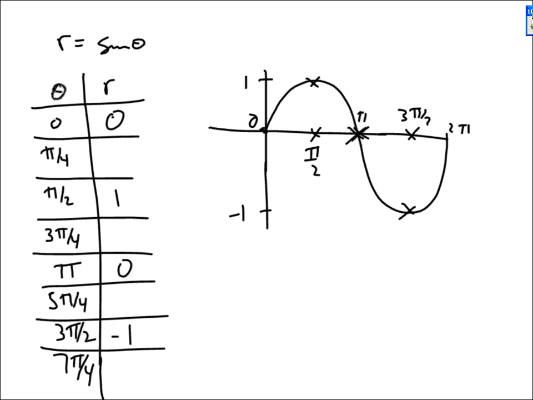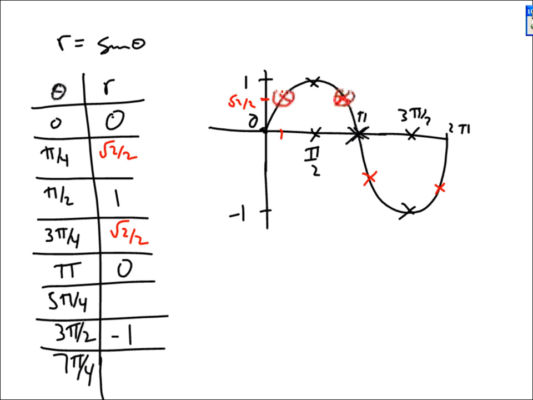What about those other points? The pi over 4, the 3 pi over 4, the 5 pi over 4, 7 pi over 4. Well, pi over 4, the sine of that is square root of 2 over 2. So that's square root of 2 over 2 right there. Square root of 2 over 2. The sine of 3 pi over 4 looks exactly the same.